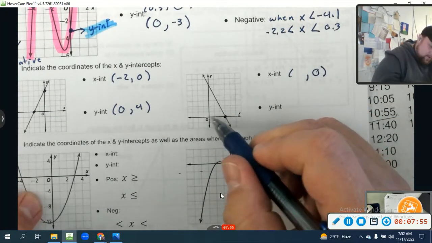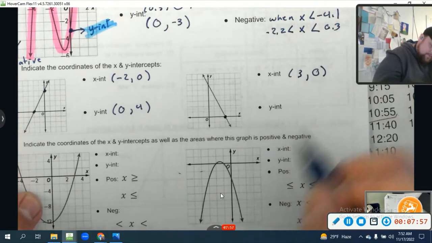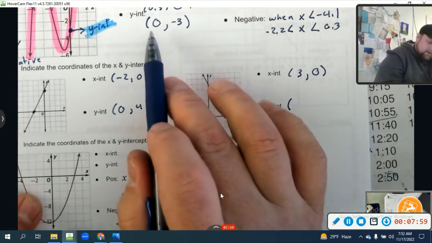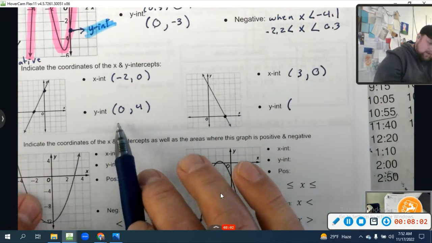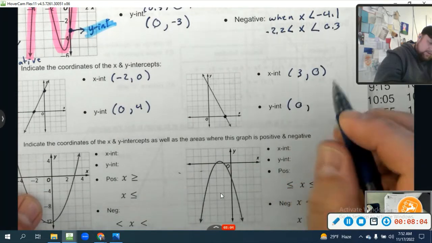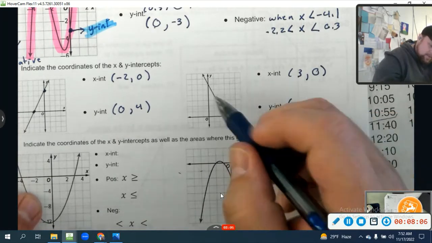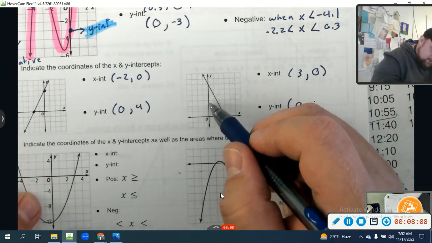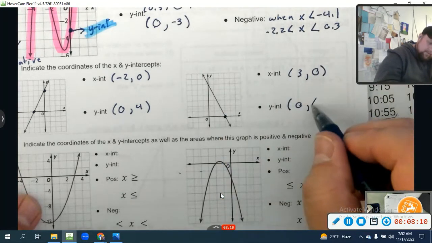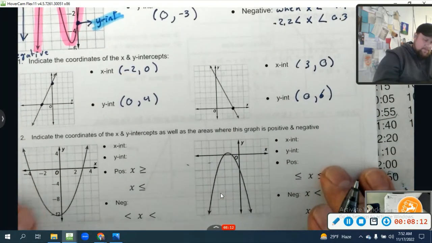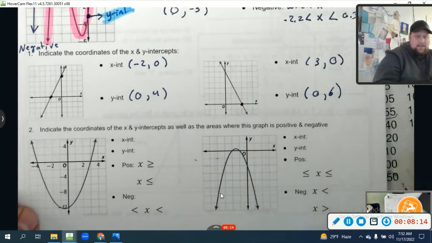And we look right here, what's the x value? 1, 2, 3. And then at the y-intercept, what are you noticing? What is the x value at each y-intercept? Always 0. See how they switch places? That's going to help us later. And our y-intercept is 1, 2, 3, 4, 5, 6. Perfect. Awesome.